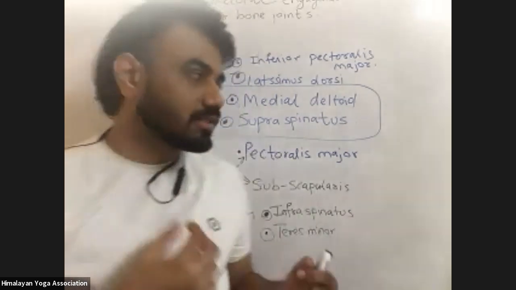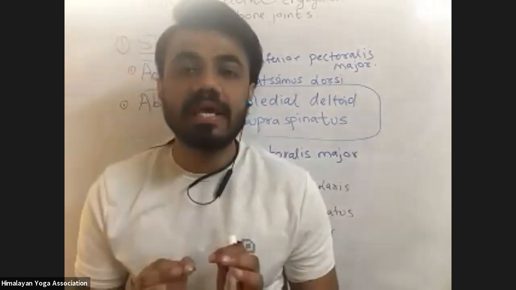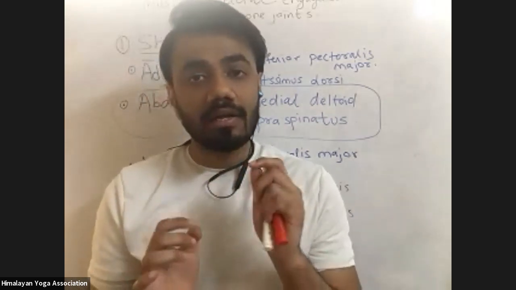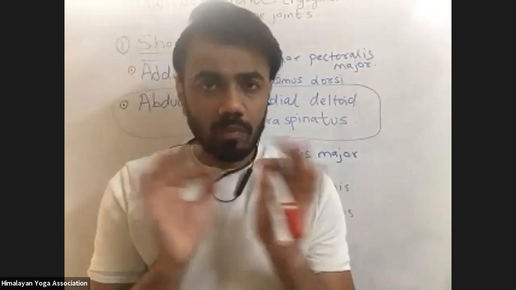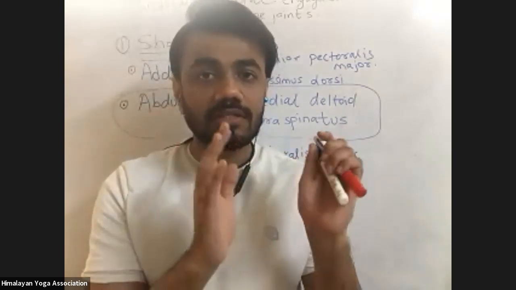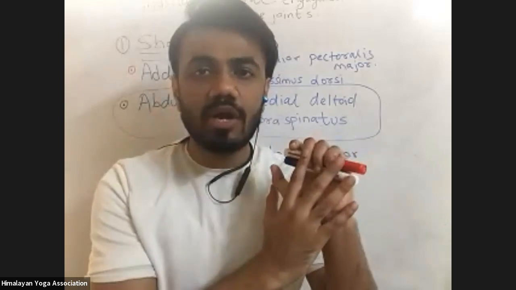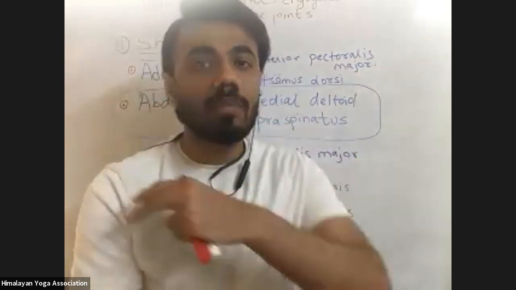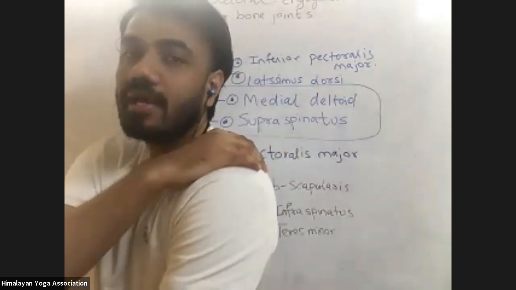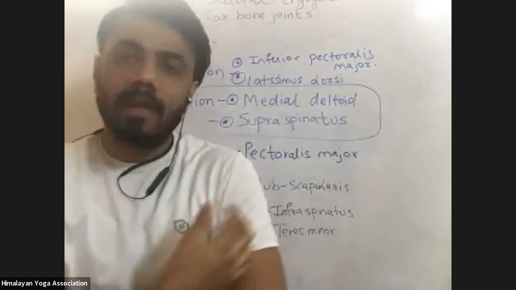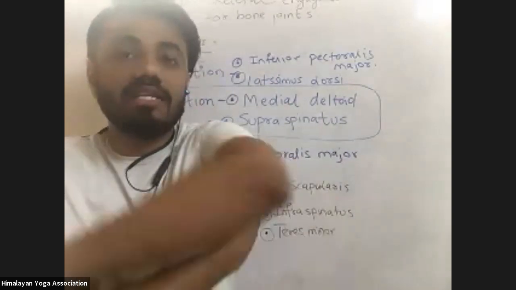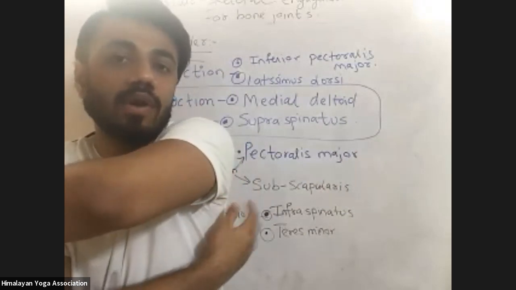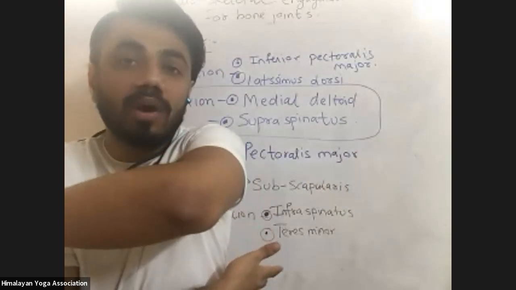So these infraspinatus and teres minor muscles will originate from our scapula, which will not move, which is stationary. Origin means the stationary part of the bone. This muscle will originate from our scapula, our shoulder blade, the infraspinatus. Supraspinatus is above, infra is below, infraspinatus, and the teres minor as well, below our deltoid and above our lats.